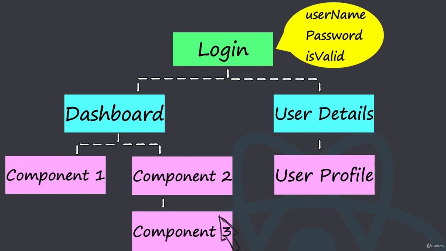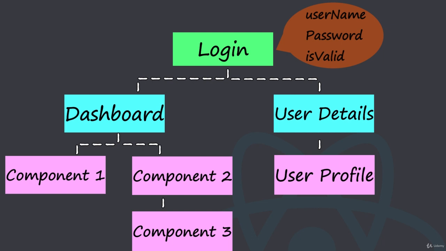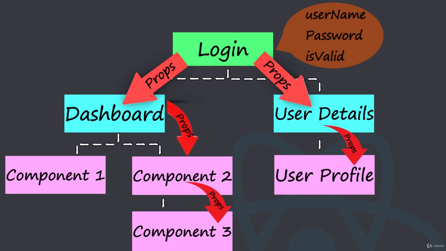Then you will have to pass this data from login to dashboard as props, maybe dashboard to component 2 as props, and component 2 to component 3 as props. In short, whenever you see that there are different levels, or maybe you want the data to be available to all the components, you are going to pass it through props only. So it goes from component to component.